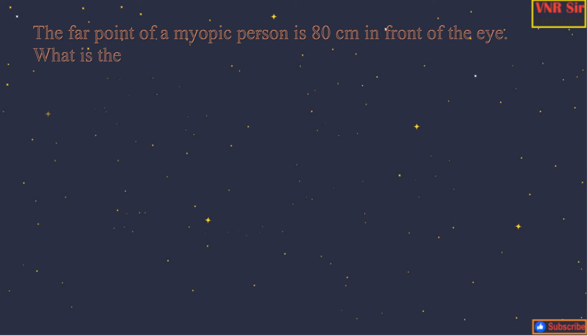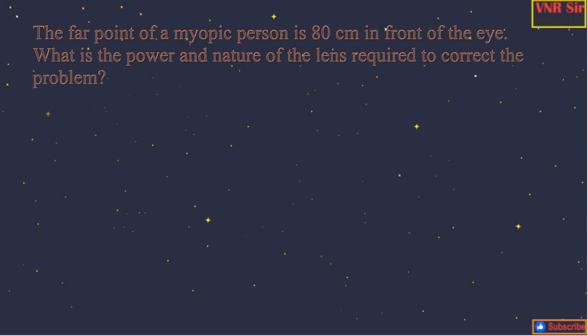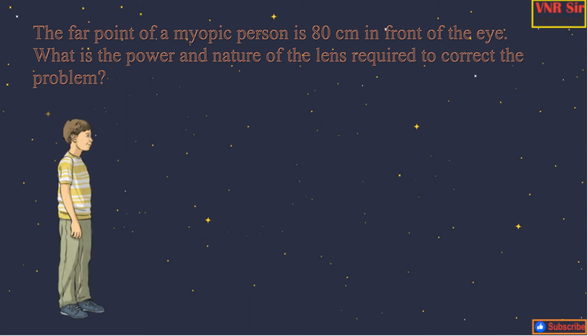Here is a problem for us. The far point of a myopic person is 80 cm in front of the eye. What is the power and nature of the lens required to correct the problem? As it is given as myopia, the nature of the lens is concave, already we know that. Here the problem is the person cannot see objects which are beyond 80 centimeters from him.